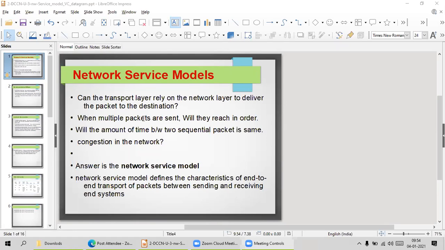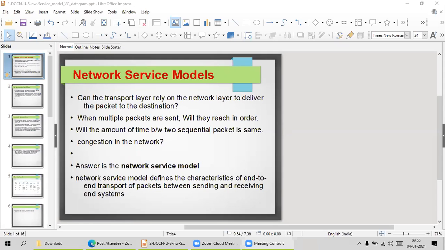These service models may rectify your doubts. The first one is will it reach properly or not, then in-order delivery of that particular sequence of frames or datagrams, the time between two sequential packets, and congestion. These are the four doubts you have.